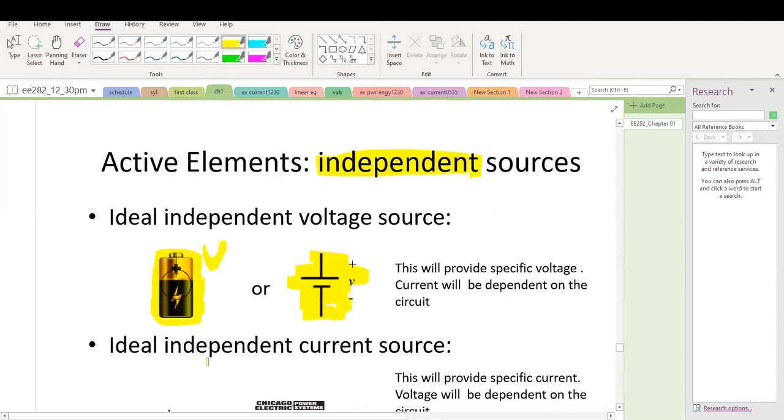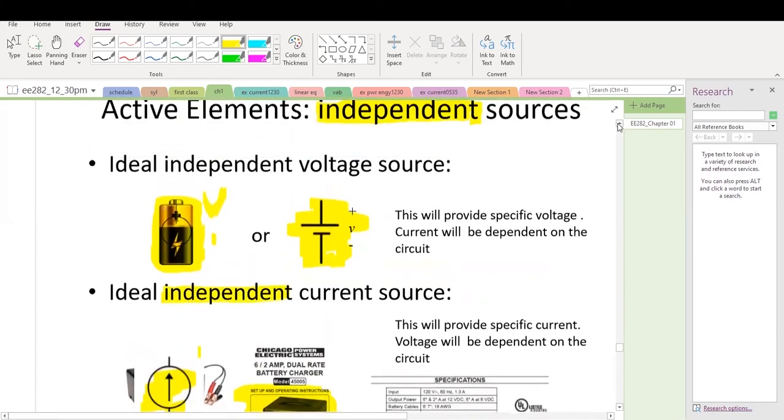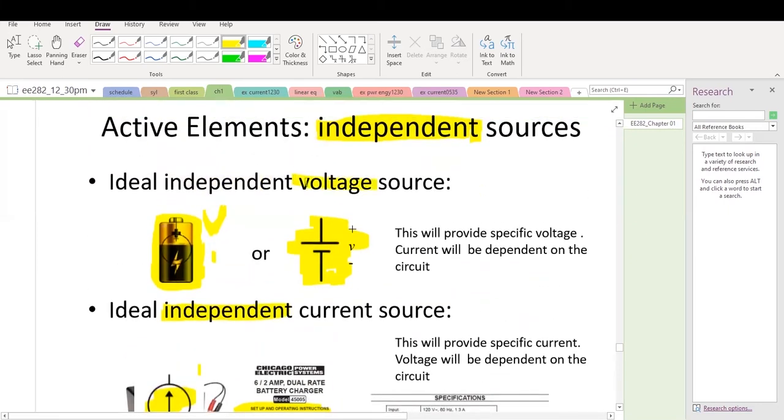This is independent. There are current sources as well. There are devices that provide us a certain current. All of these are independent sources. They provide the voltage or the current without depending on other quantities in the circuit.